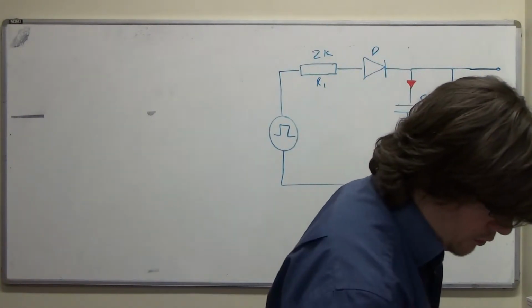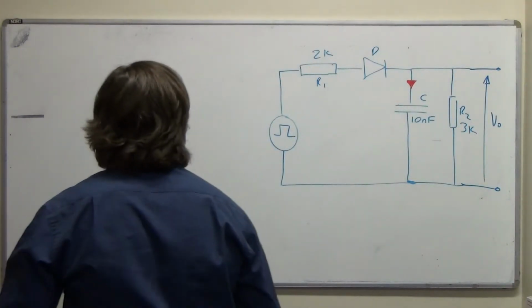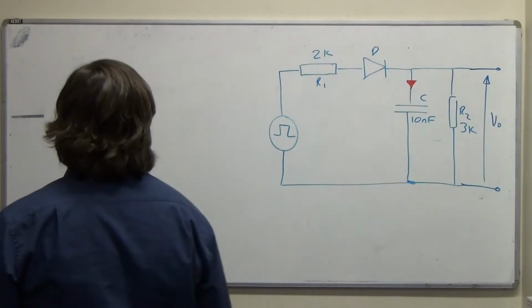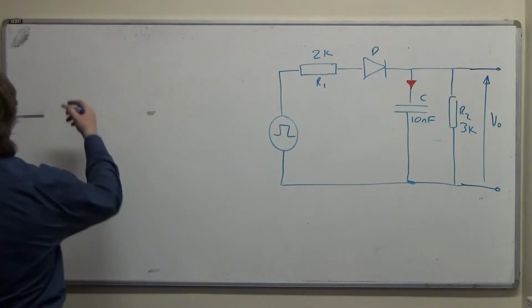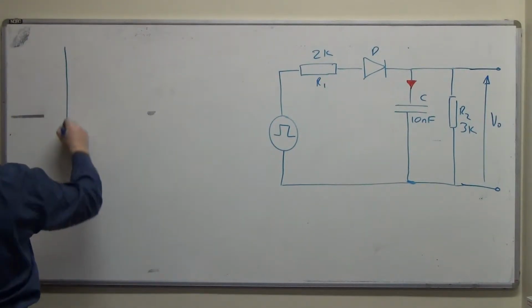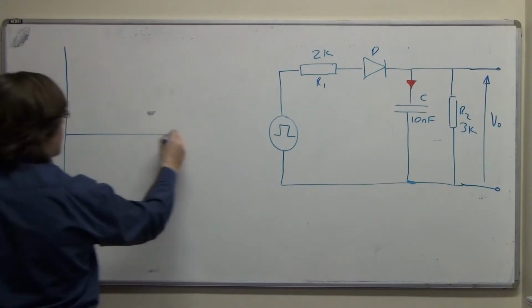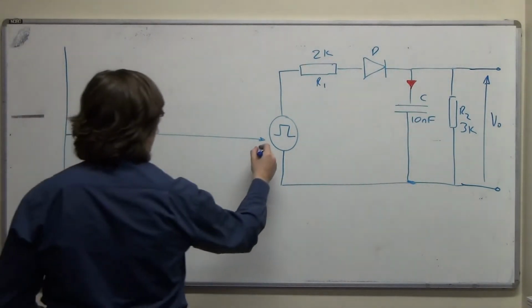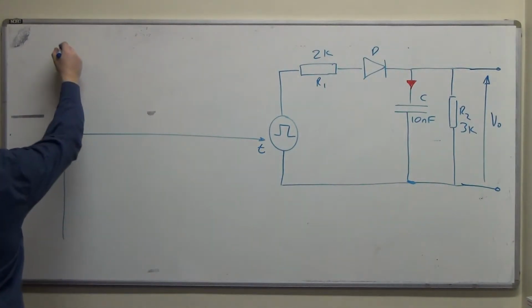So we have to decide what is conduction for the diode, what state or situation of the circuit will give us conduction in the diode. We'll have to sketch a graph of what's going to happen in terms of voltages and currents.